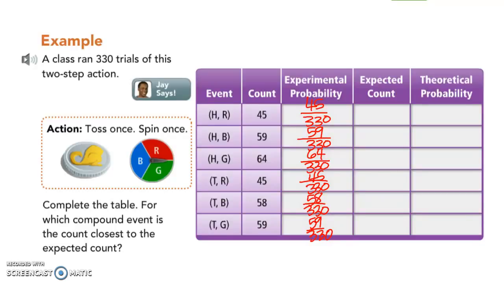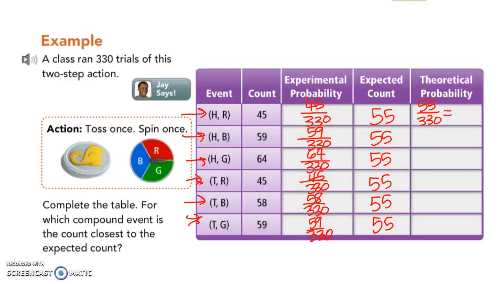Now, if we did the expected count, we would be thinking about what we would expect if we split up 330 divided by 6. So if I divide 330 by 6, I would have expected each of these to give me 55. Which means that the theoretical probability would be 55 out of 330 or 1 out of 6.